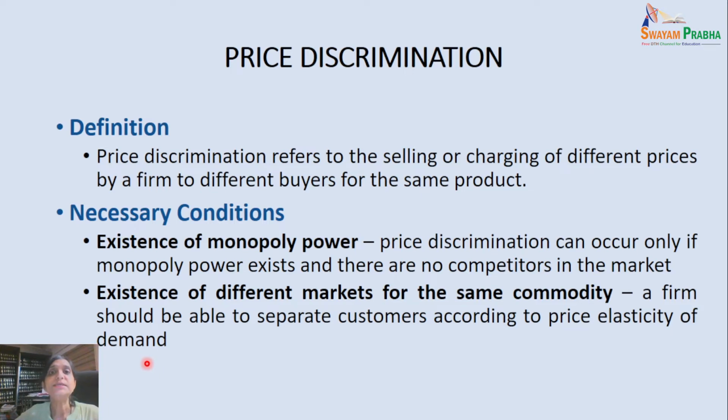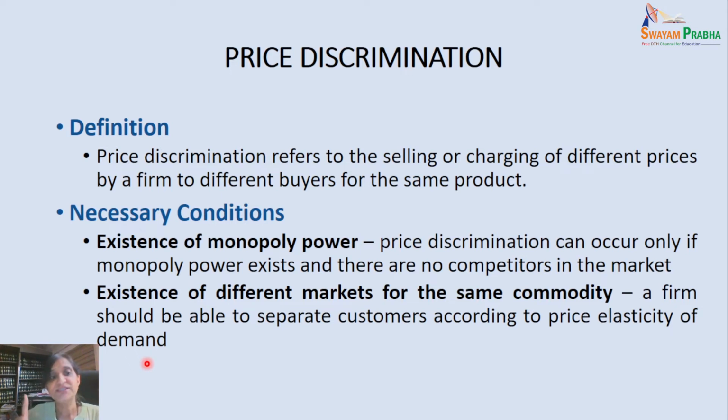So using this difference in the elasticity of demand in these markets, he may be able to segment the market or divide the market into different subparts, which will enable him to charge different prices to these different customers.